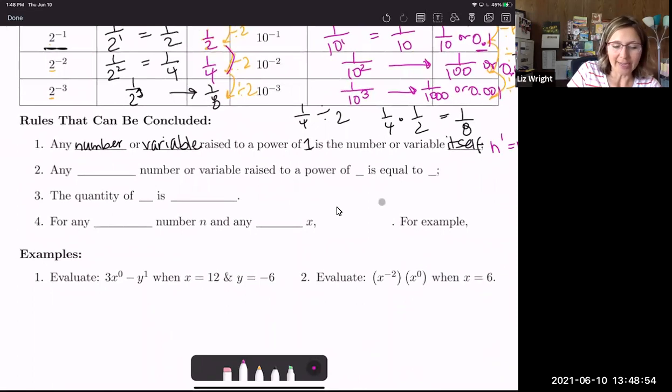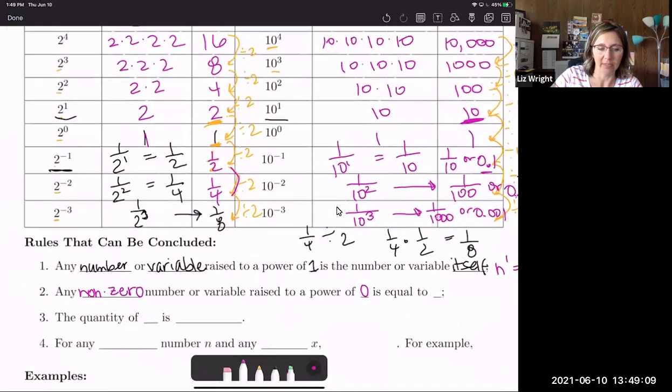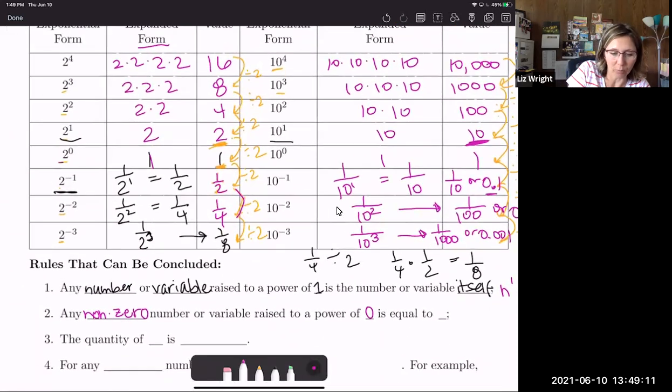It's going to be that same number or variable. Any non-zero number or variable raised to a power of 0. So think about that. Any non-zero number raised to the power of 0 is going to equal what? 1.